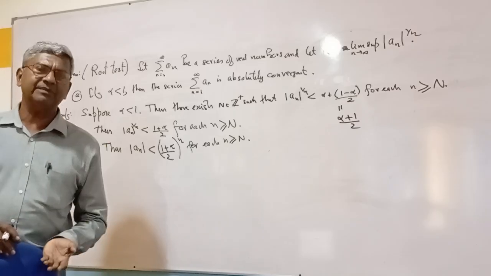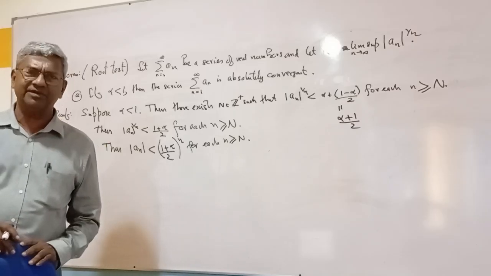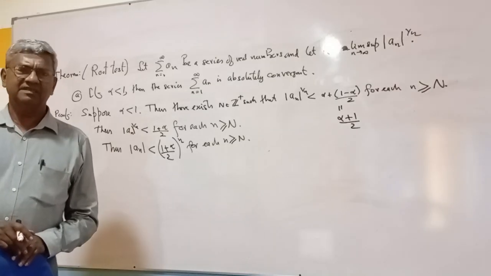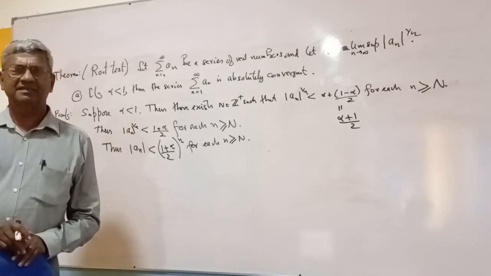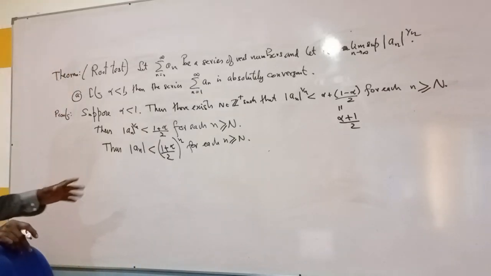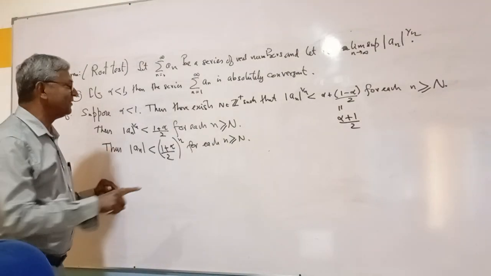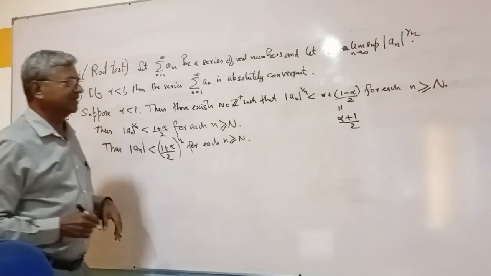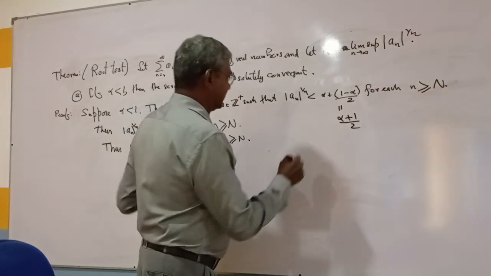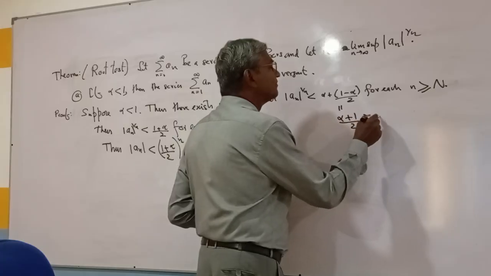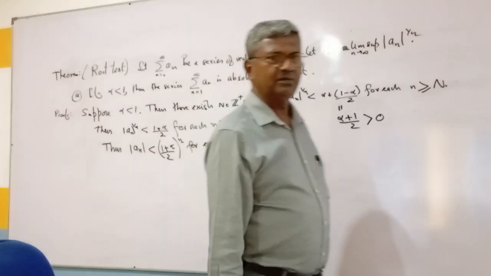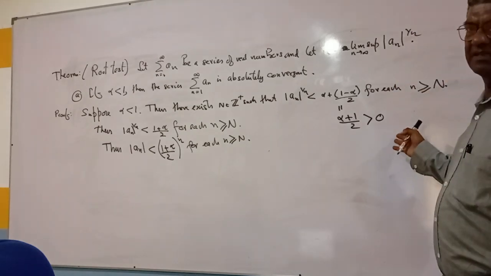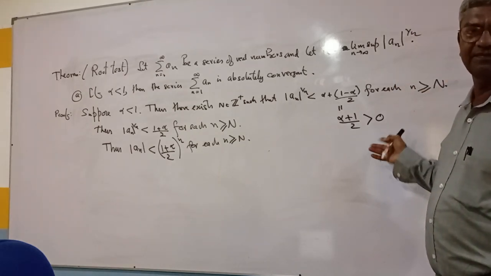By observing that the limit of a_n is equal to 0, you cannot say anything about the convergence or divergence of sigma a_n. But he made the observation that this number is greater than 0 also. Actually this is exactly greater than 1/2.